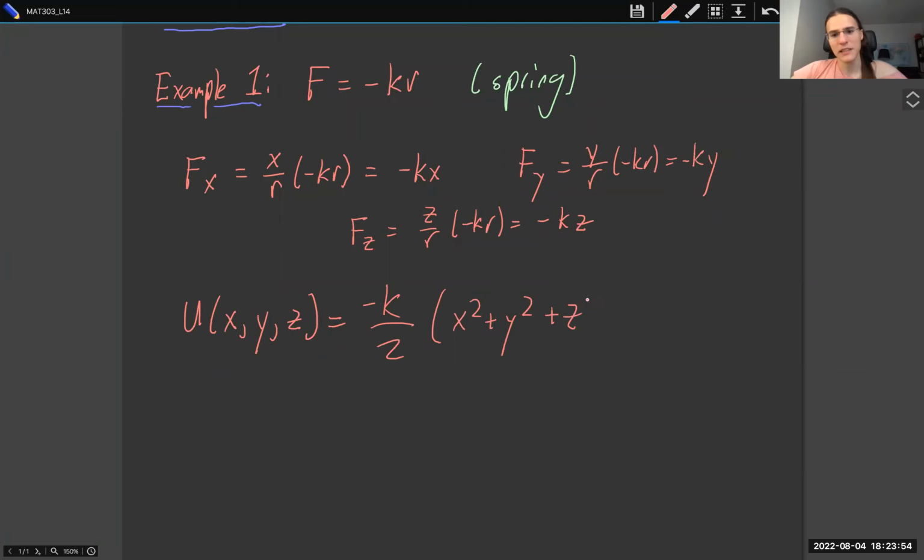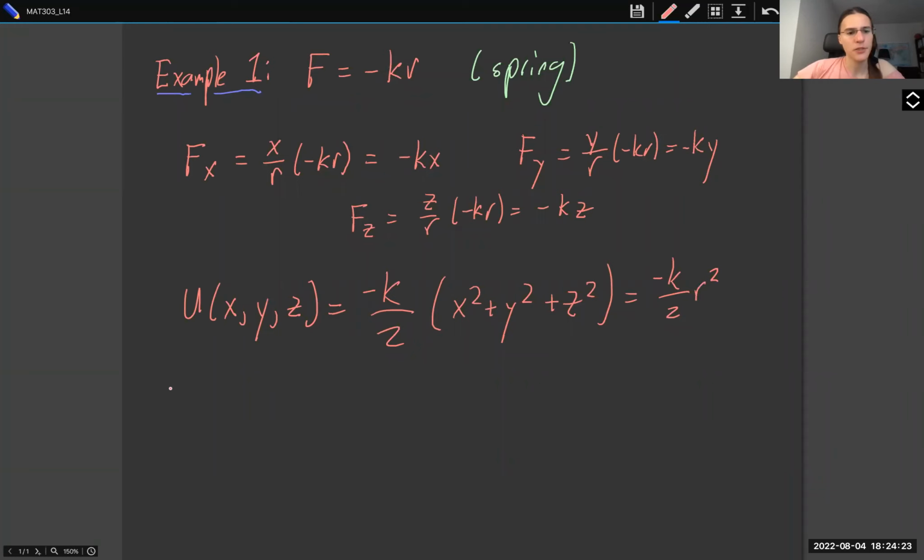And this can also be rewritten as negative k over 2 r squared, because Pythagoras. So that's the force function. The potential energy is actually the negative of this. The potential is k over 2 r squared.